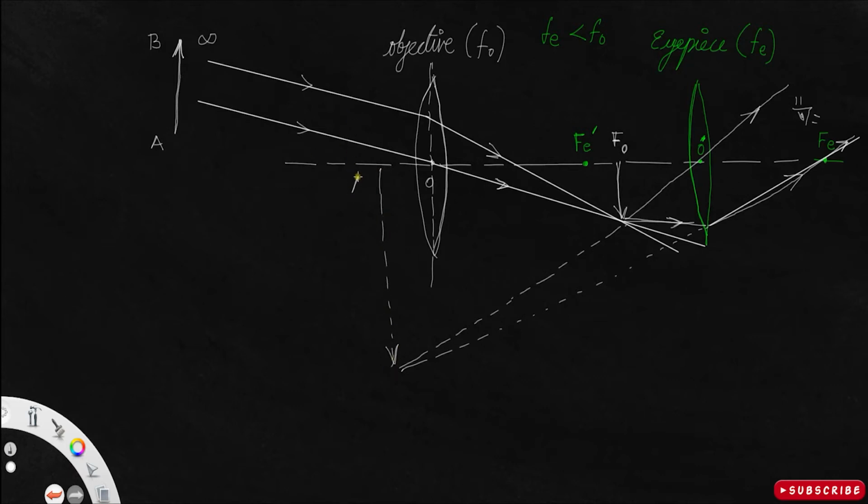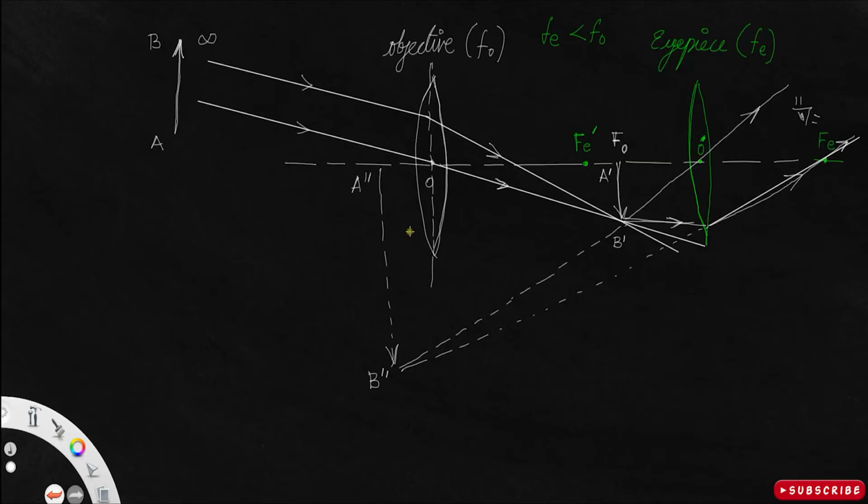So this is the final image, let's call this A dash B dash. So this will be our final image, A double dash B double dash. Clear? So this is the image formation in a telescope.